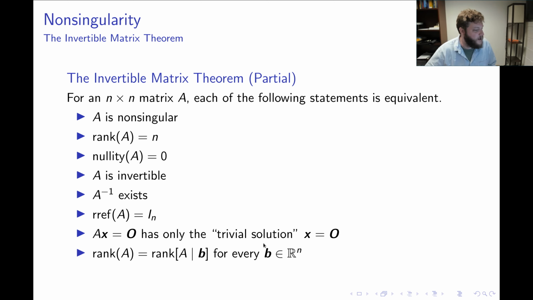And another way to say that our matrix is non-singular or invertible is to say that every system with A as the coefficient matrix is a consistent system. In other words, the rank of A is the same as the rank of A augmented with any vector. So these are all equivalent ways of saying that a matrix is non-singular. By the end of this course, we'll be able to add a few more statements to this list. So that concludes the lecture.